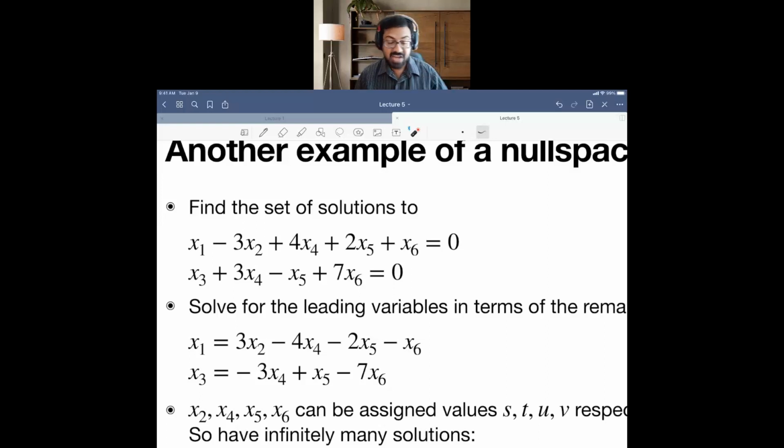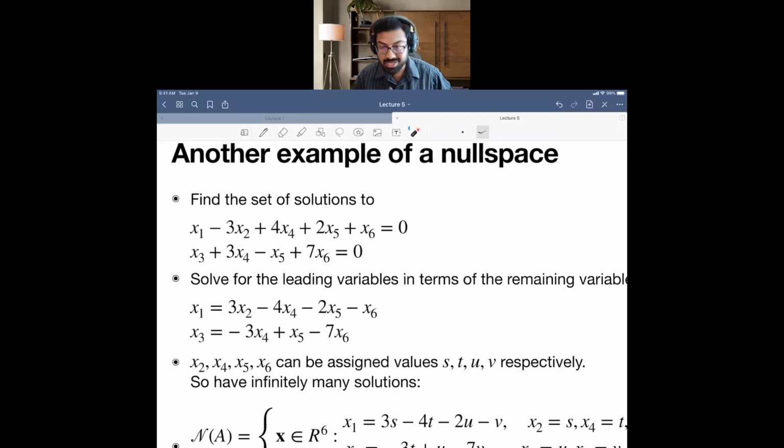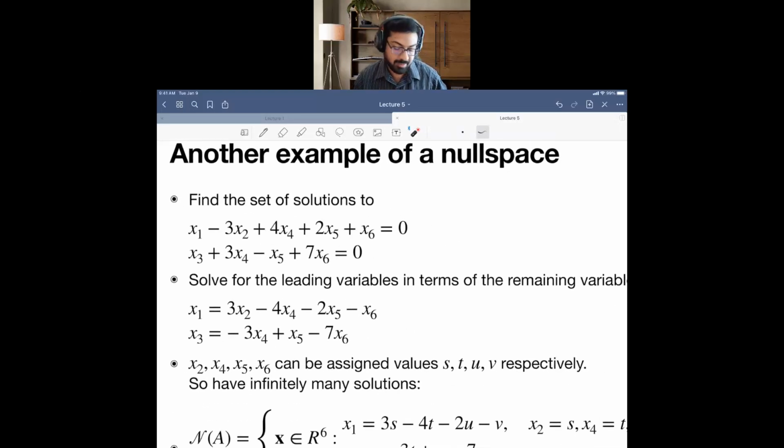So if we started off with something that was not in the simplified form, then we would have had to do some row operations, row reduction, to get it into that reduced echelon form. This one already is there. So we have got the leading variables in x1 and x3 and all the other remaining variables that you could put on the right hand side, and associate some arbitrary values with those remaining variables to find what are the constrained values for x1 and x3.